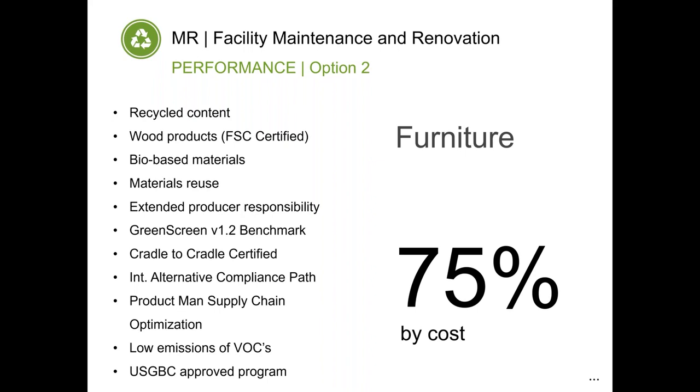Any FSC certified wood might be the base structure for the furniture. Bio-based materials, reuse. If you can actually source reused furniture, that's going to be great for your LEED application. That would be preventing virgin resources being used, transportation impact, all of that good stuff.